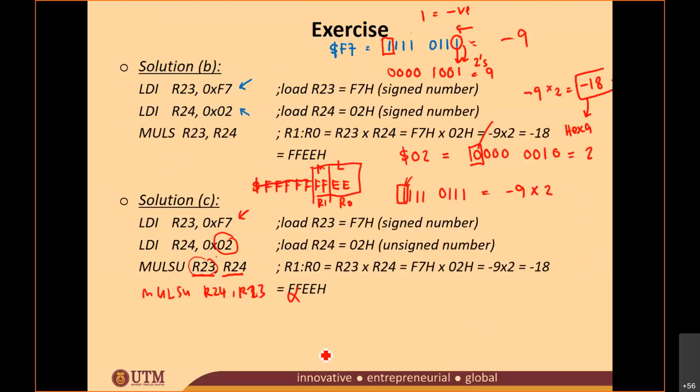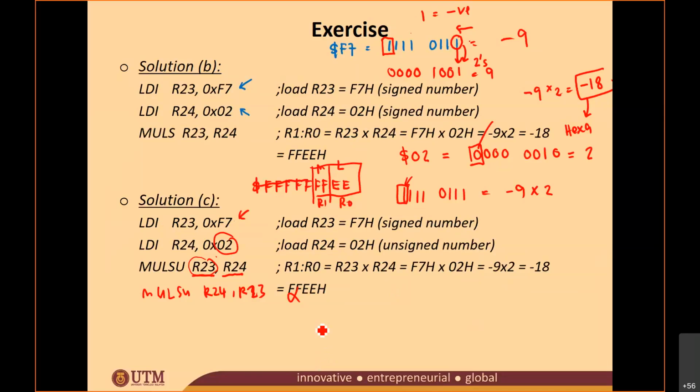Okay, and then Chong Zi Yin asking that if the question gives two numbers FF and FE, but didn't state which one is signed and which one is unsigned, how are we going to choose which number is signed or unsigned? Okay, contoh lah. This is for the MULSU case.